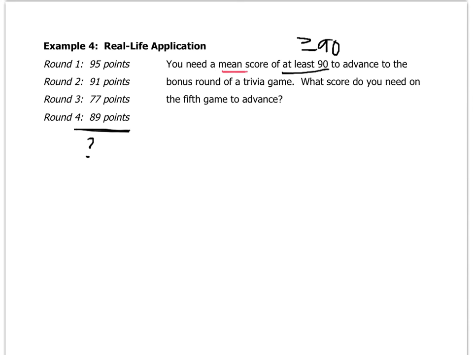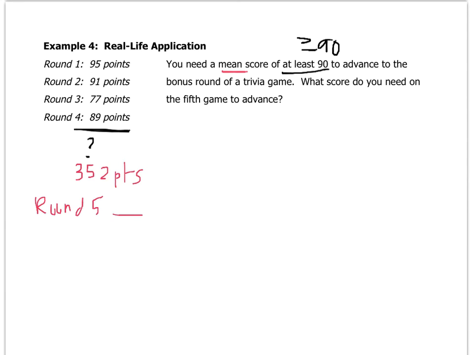So assuming I've added correctly, I got 352 points. So if I want the average to be 90, that means that I have to add round 5 to 352, and I want the average to be at least 90.